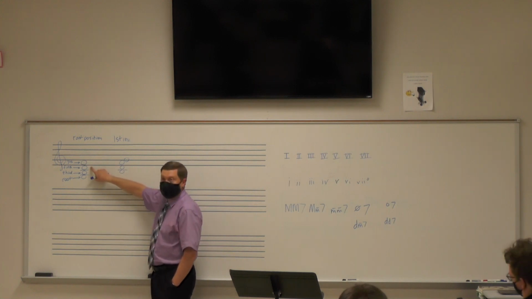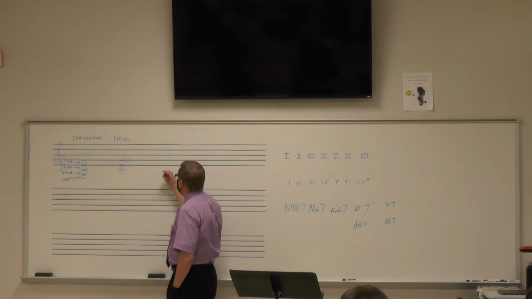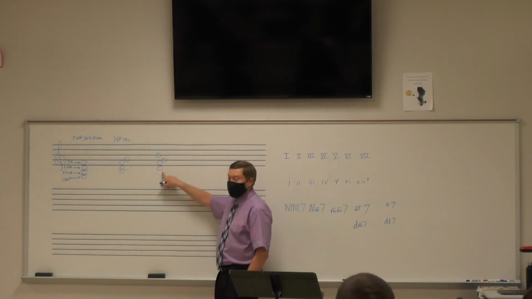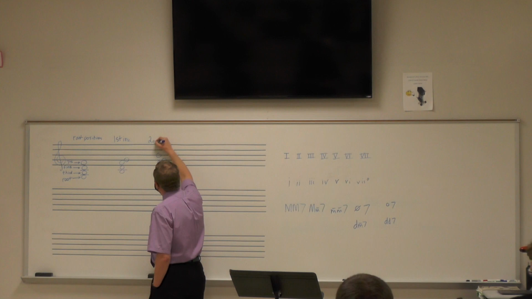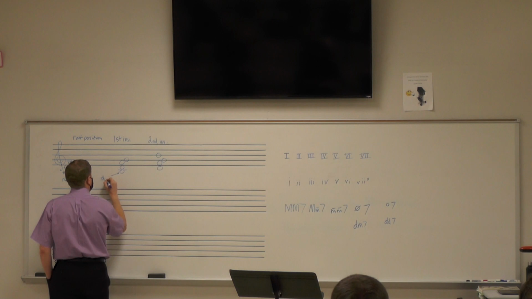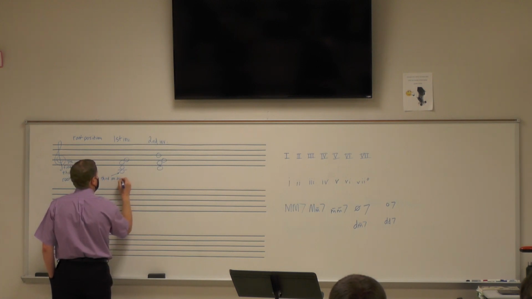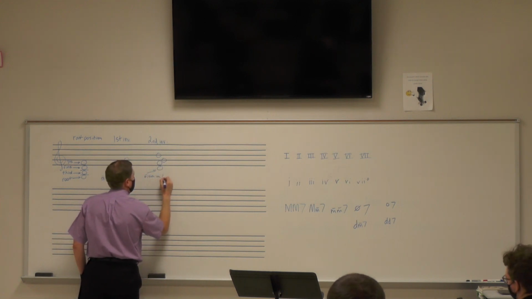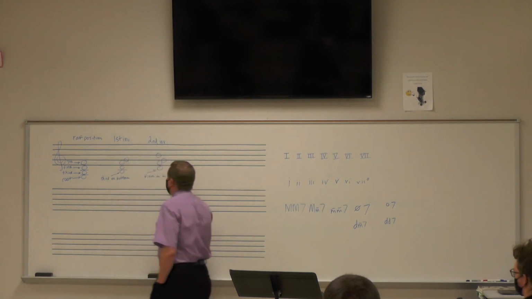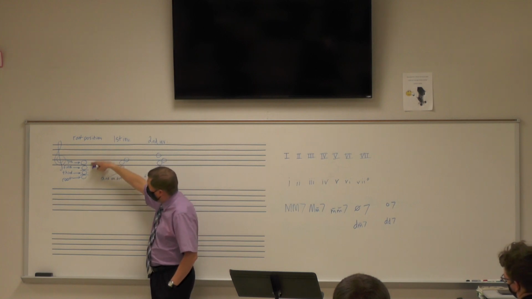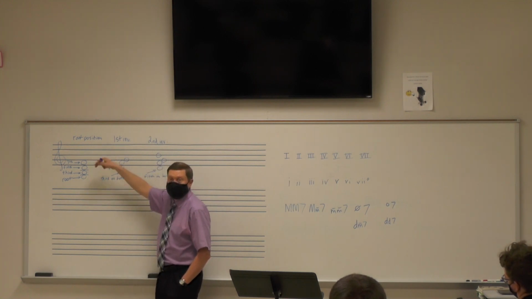When the fifth of the seventh chord is the lowest sounding tone of all, and in this case the fifth is the pitch D, if I rearrange the notes so that D is on the bottom, then we say that the seventh chord is in second inversion. And then since there's one more note in the seventh chord, let's rearrange them so that the seventh of the chord, this F here, is the lowest sounding one of all.